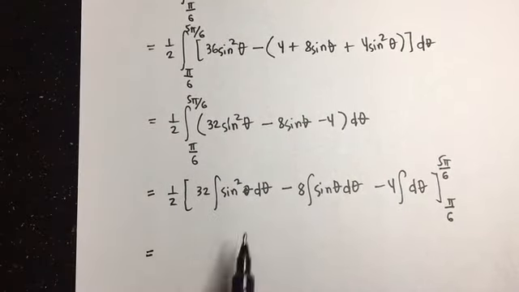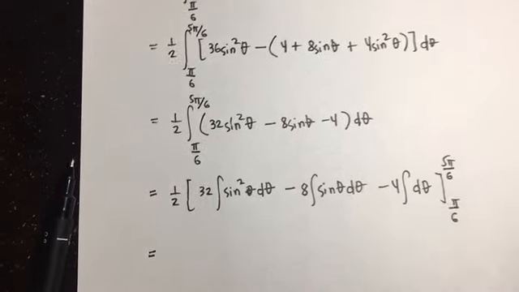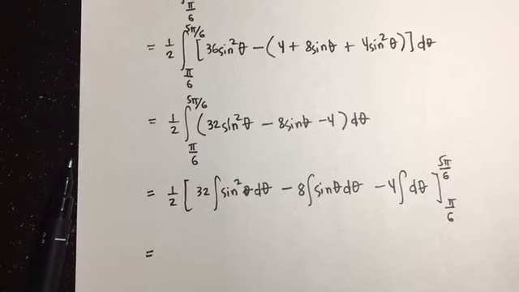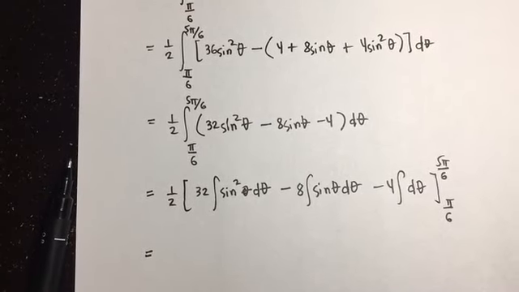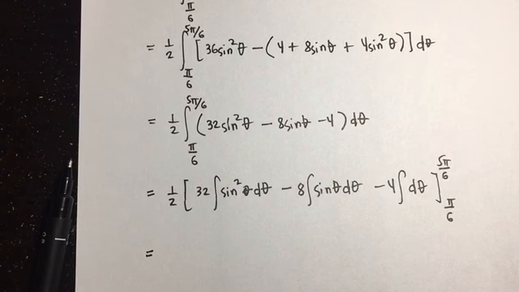Okay, so we can apply the identity for sine squared theta. What was the identity? So this is trigonometric transformation.